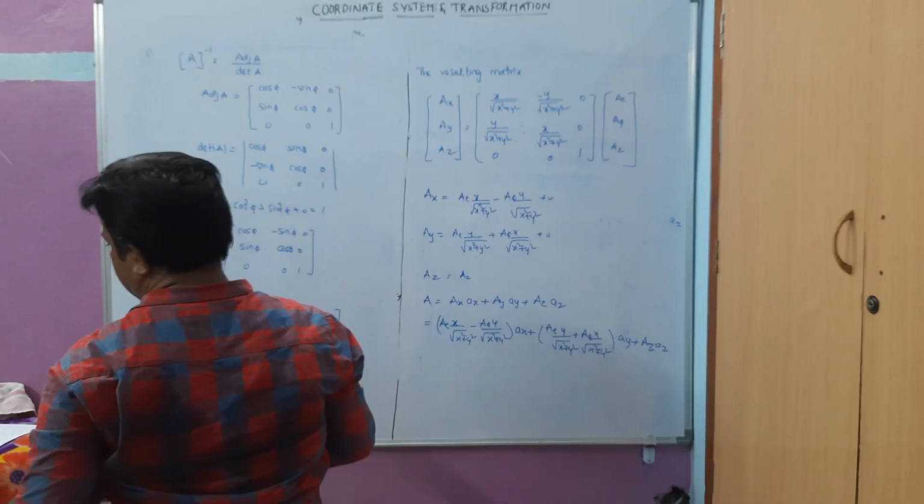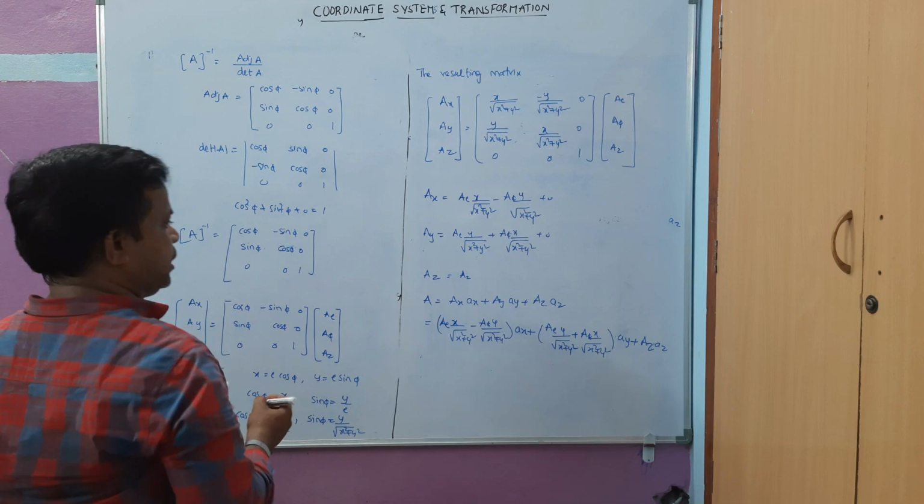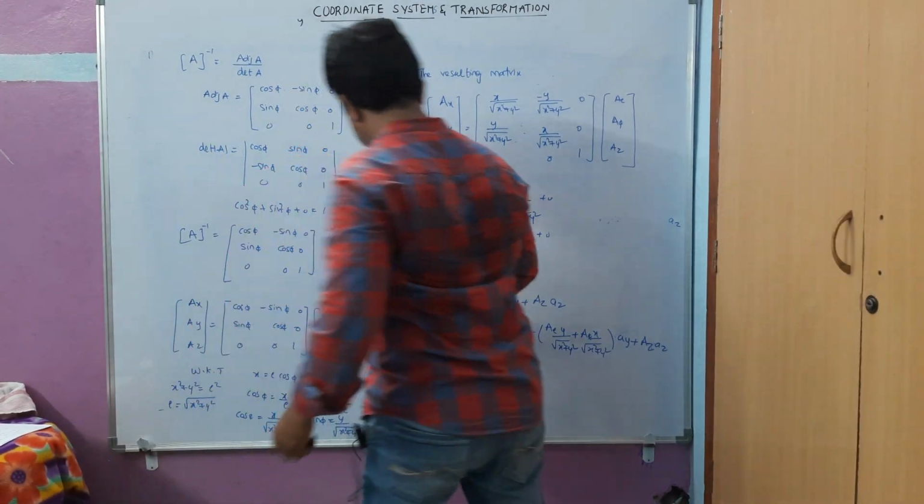So this is the final equation for the vector A.